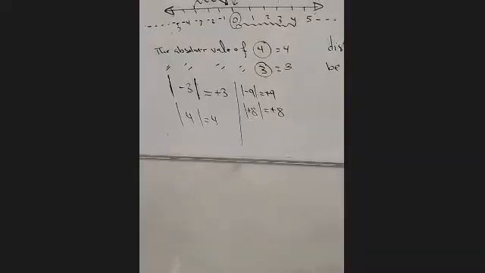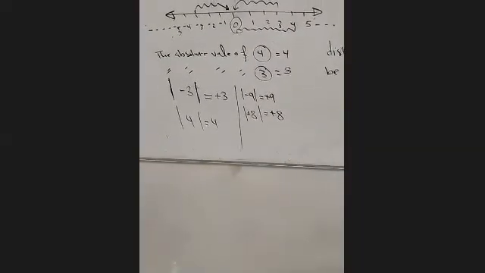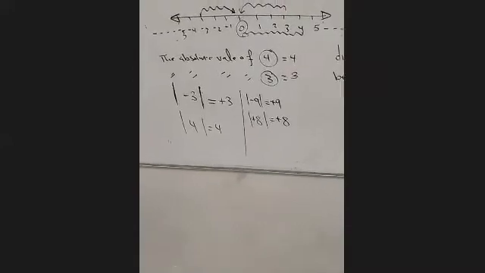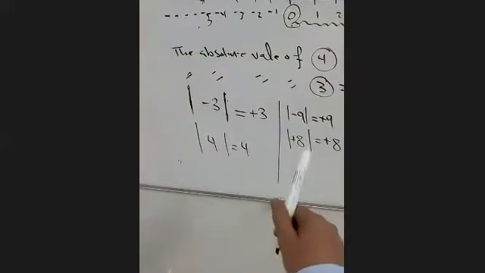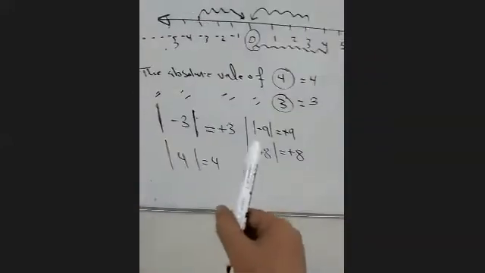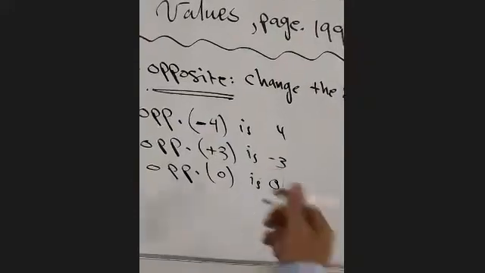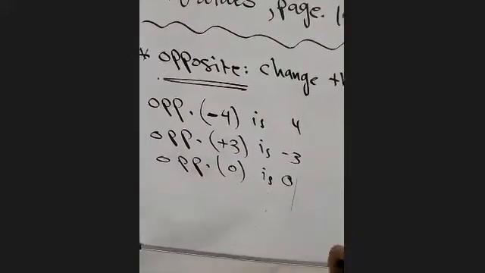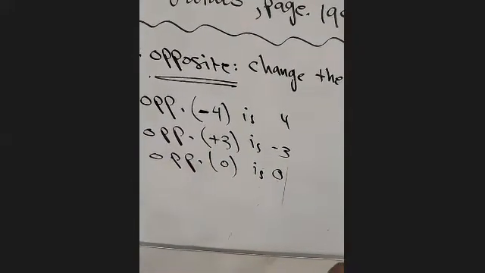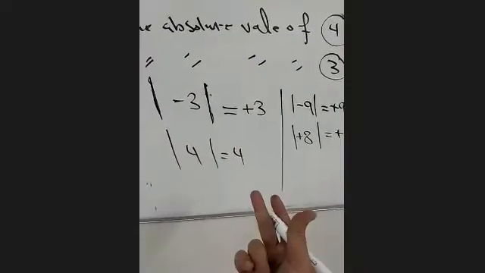Where, in the line? Here in the absolute value or in the opposite? In the opposite. The opposite of +3 is -3. The opposite of -4 is +4. Is this difficult? No. Do you understand the absolute value? Yes, it's easy. Thank you, that's what I want. Most welcome.